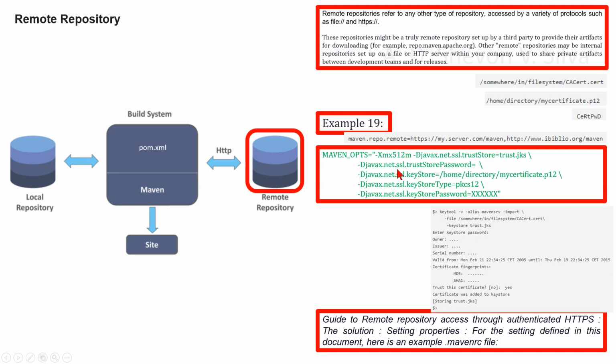Setting properties: the following properties must be set at the start of Maven to be accessible at HTTP client startup. javax.net.ssl.trustStore, the path to the key store where trusted certificates are stored.